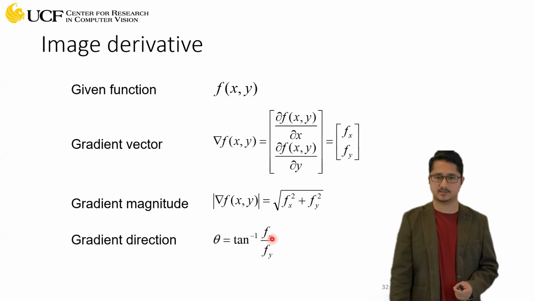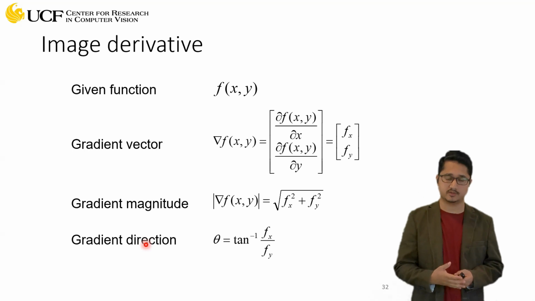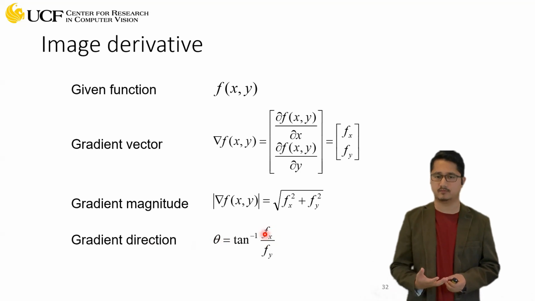There were a couple of questions from some of you asking whether this equation is wrong. Fy over Fx is also fine. The idea here is we want to compute the orientation of the edge, or you can say the direction of the gradient. If we switch between Fx and Fy, of course, it will give you a different value, but both are dependent on each other.